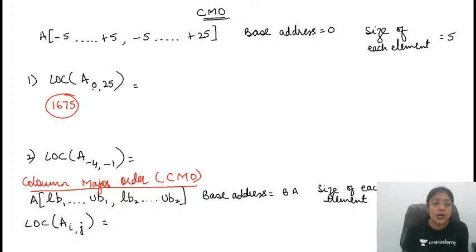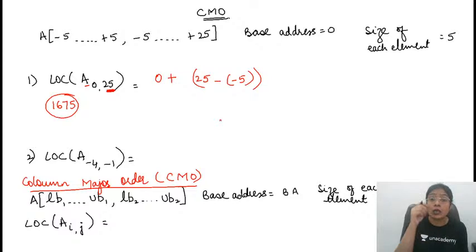Base address is given as array name returns the base address. It is given as 0. Since this is column major order, we need to select the required column number first. Required column number is 25. How many columns to skip? It depends on the starting column number, minus 5. These many columns we need to skip, but we have to calculate the number of elements in each column.